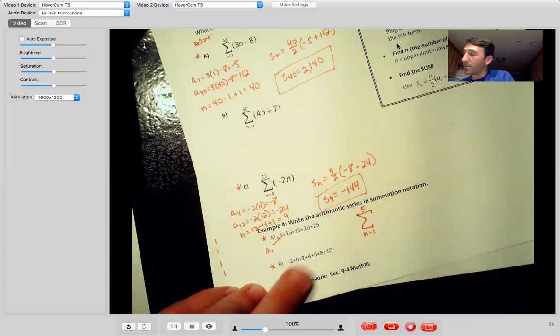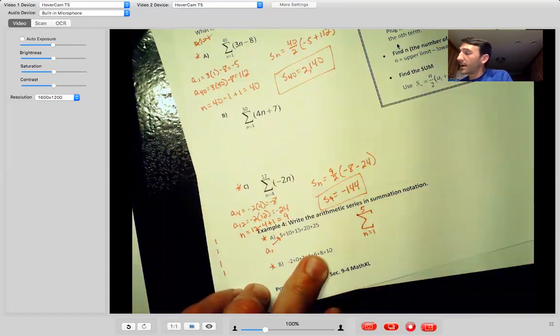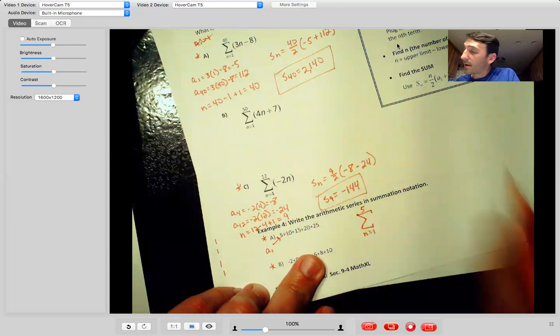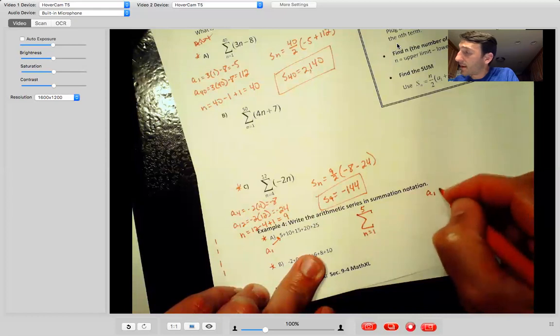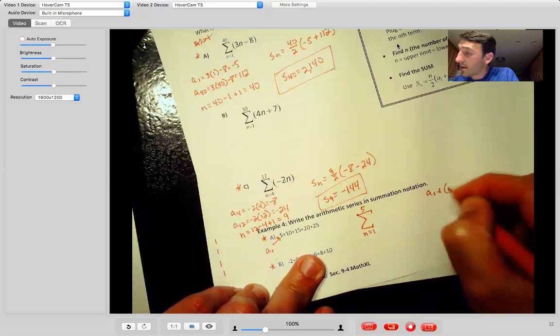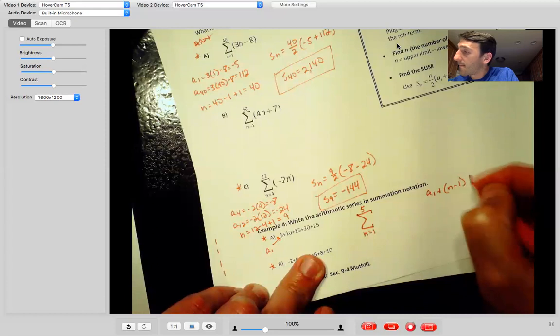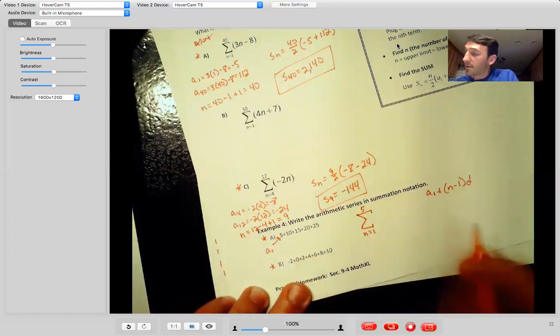So what is the rule for this? You could think of it as a sequence or a series here. So I think it might be obvious on this one, but here's how you could kind of set that up algebraically. So a sub 1 is 5.